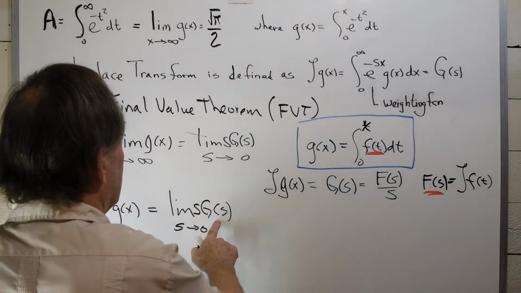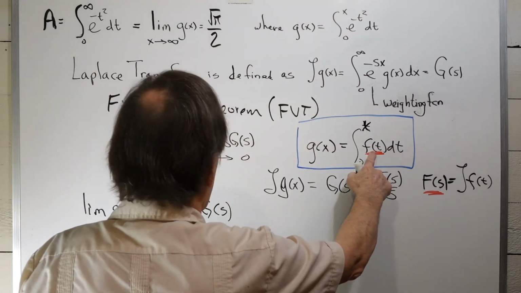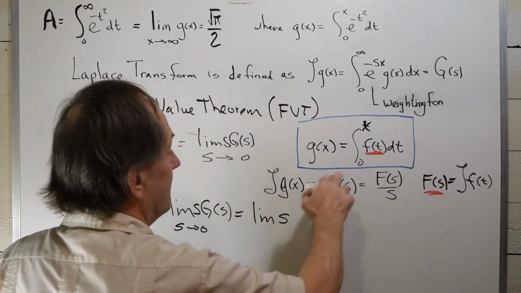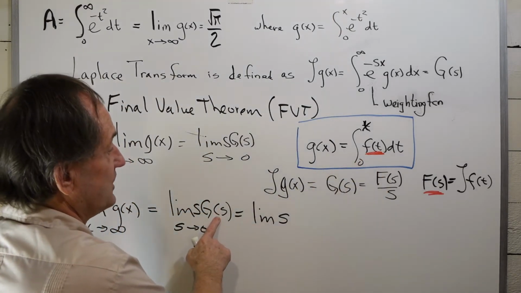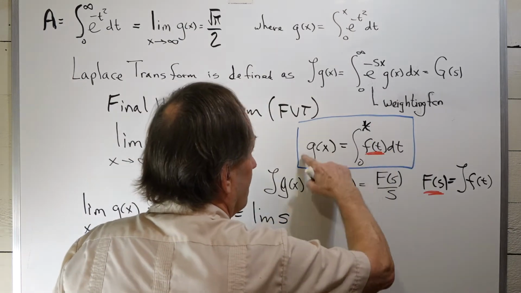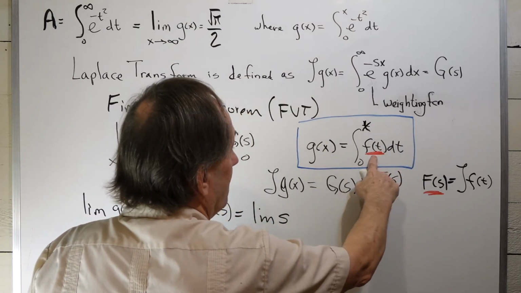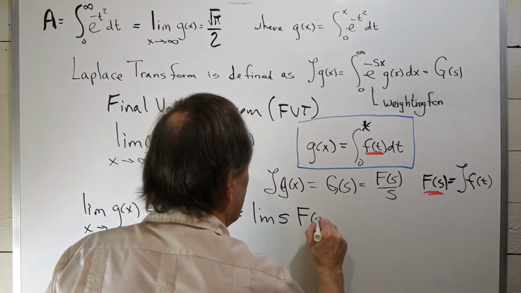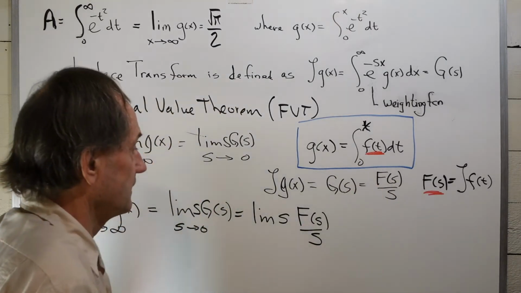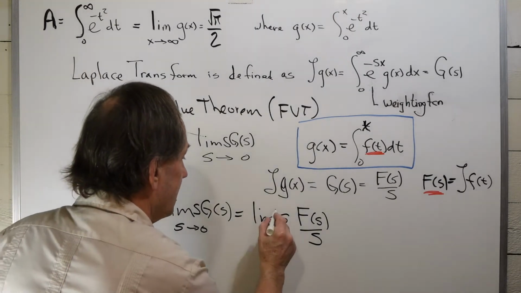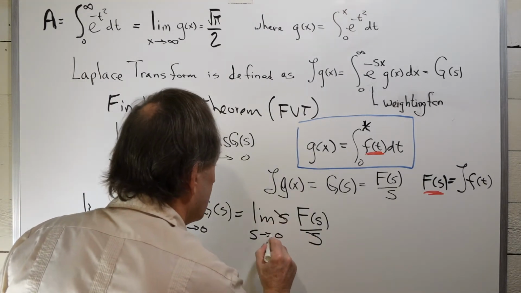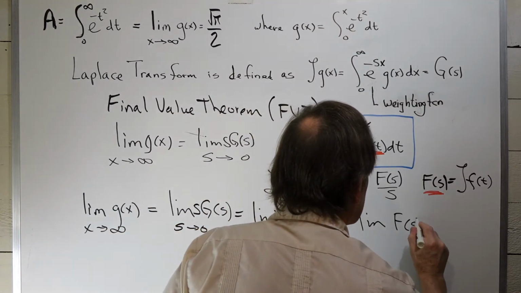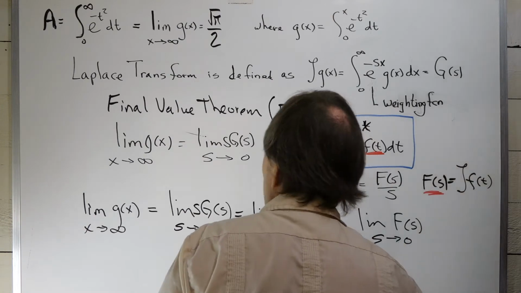But what is cap G of s? We have the limit of s times cap G of s, the Laplace transform of the integral, which is nothing more than the Laplace transform of the integrand, F of s, divided by s. The s's cancel, and we end up with a limit of F of s as s goes to 0.